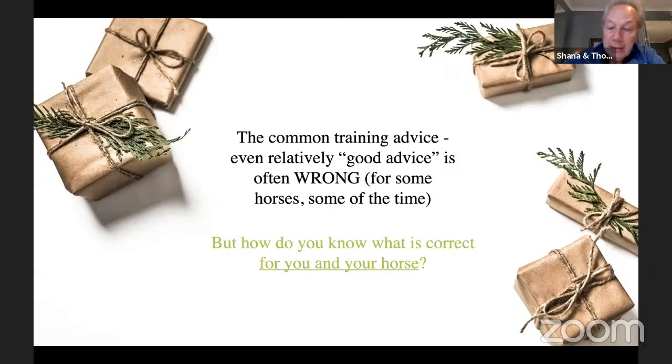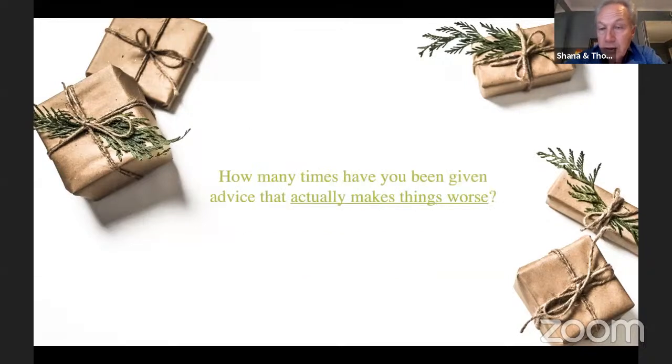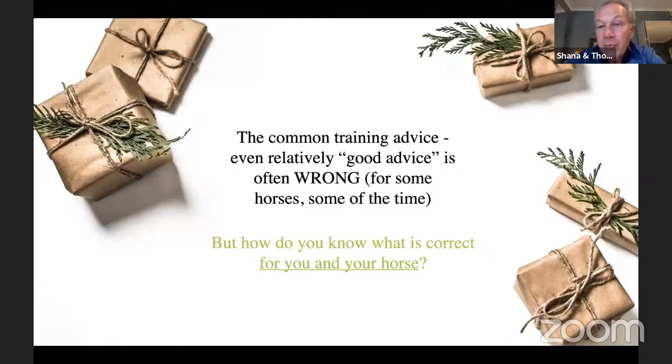And so how do you know what's correct for you and your horse? If the horse improves, gets more beautiful, stays sound, becomes rounder, stronger, softer, and so on, more pleasant to ride, then it couldn't be all wrong what you're doing, right?